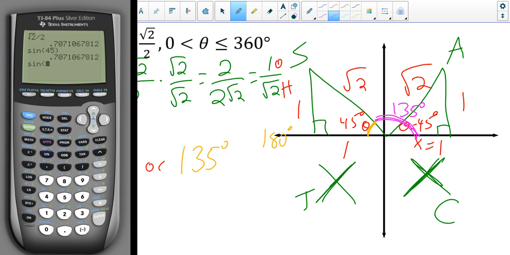If I typed in the sine of 135 degrees, I get the same value as well. Those are the only two values in our unit circle, or in other words, for values of theta between 0 and 360, where I would get that value.